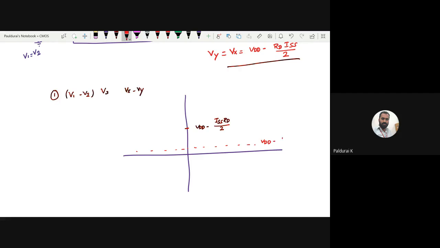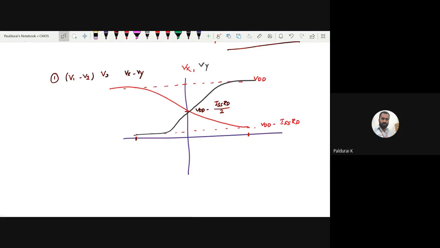VDD minus ISS RD. And on the upper level, VDD. When it is more positive, when it is more negative. So Vx I will keep in this color, Vy in this color. So how would Vx look, and how would Vy look? So please make a note of this.